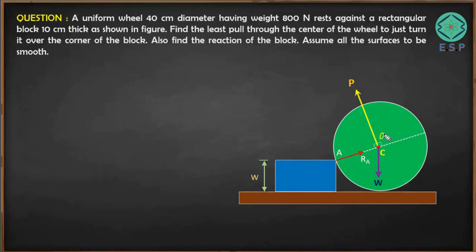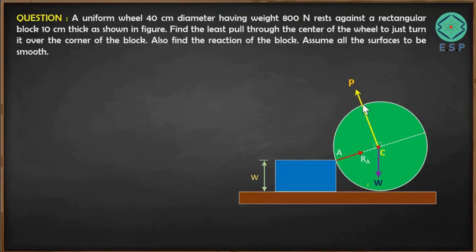That is very important. This is 90 and this angle is also going to be 90, as it is very much clear from the diagram itself. So this force P is perpendicular to this line which is the diameter of the wheel. And this weight is acting vertically downward like this, and the reaction is acting along the diameter of the wheel.